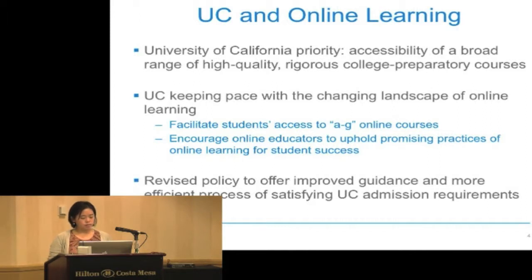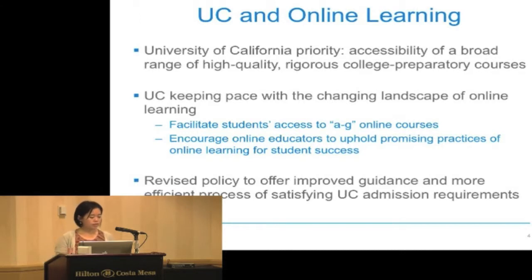And for UC to be able to keep pace with this shift in learning, our faculty recognized the need earlier this year to facilitate students' access to A to G online courses. They also wanted to encourage online course developers, programs, and schools to do their best to adhere to promising practices that will really put students in a good position for success when they engage in online learning.